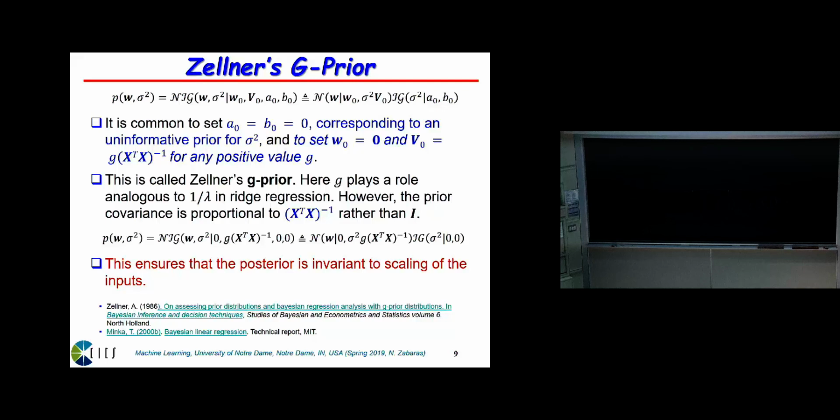It's invariant to the scaling of X, and it is used very often in regression analysis. This is what is called Zellner's g prior, and this is basically a summary of it. The distribution of W given sigma squared is a Gaussian with mean 0, and the variance looks like this, and the inverse gamma has uninformative 0, 0 coefficients.